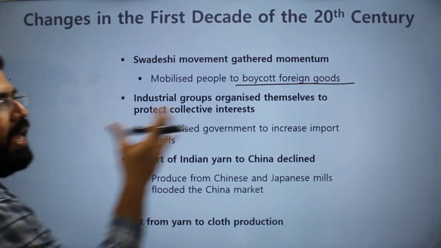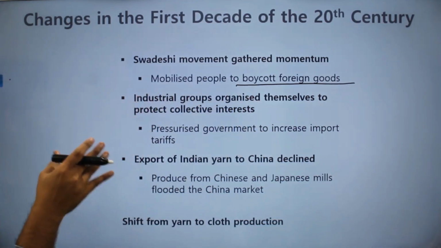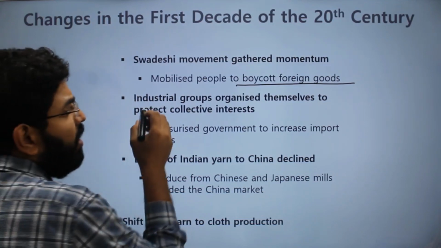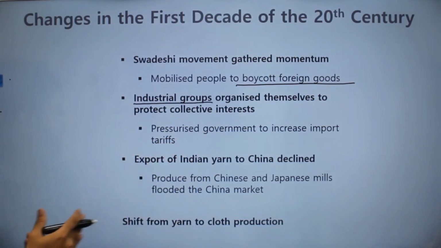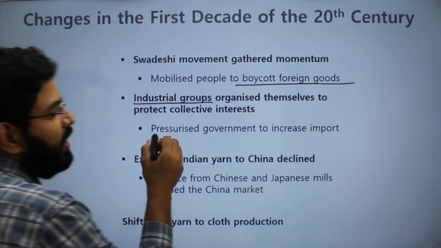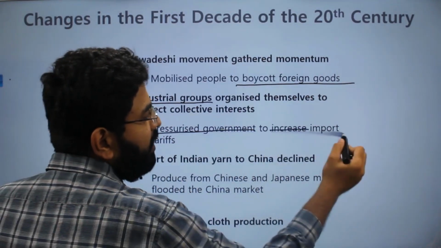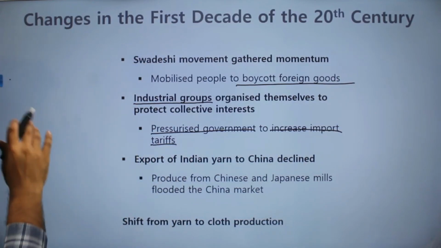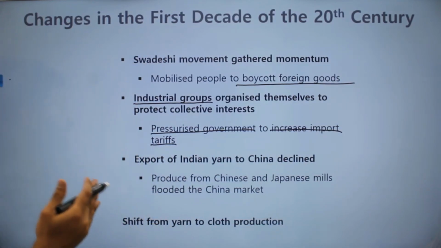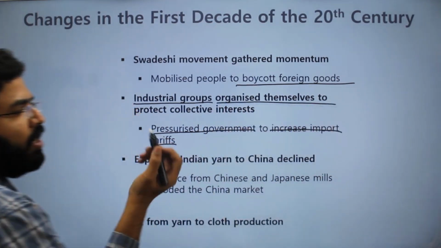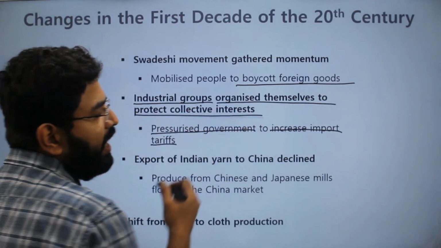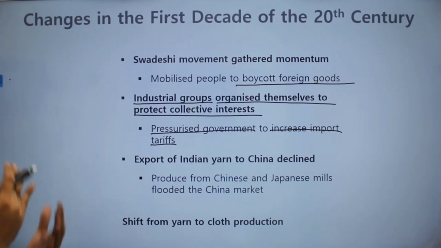They started buying these goods instead of the Manchester yarn. Also, the industrial groups of India, represented by the Indian entrepreneurs, started pressurizing the government to increase import tariffs, so the cotton yarn from Manchester would get costlier. This was the way through which they organized themselves to protect collective interests.